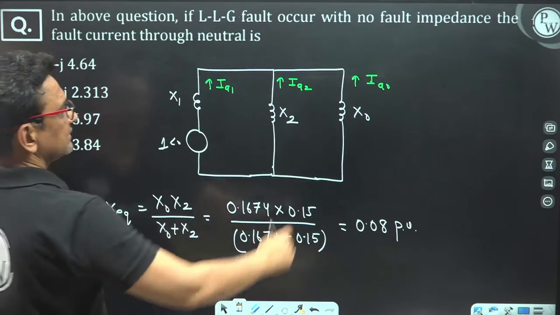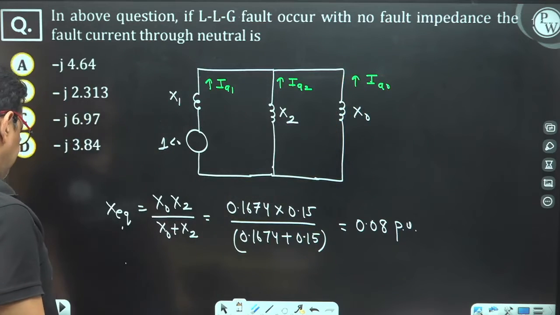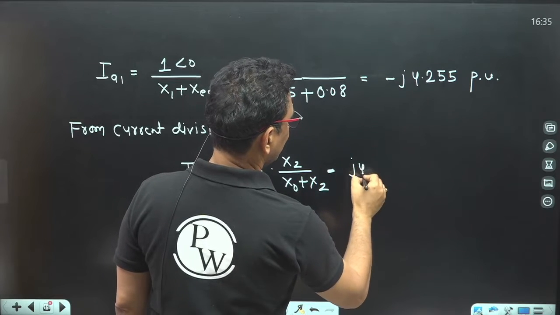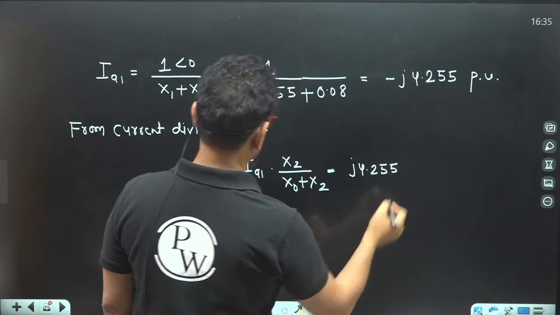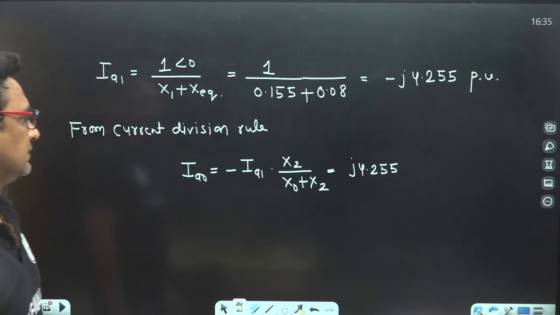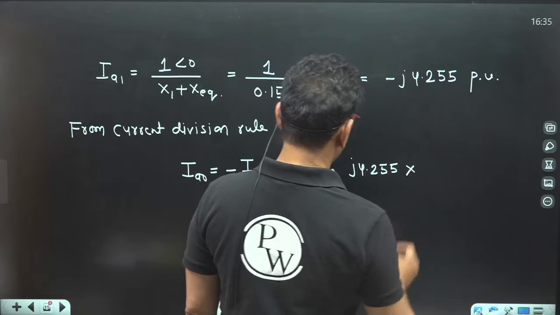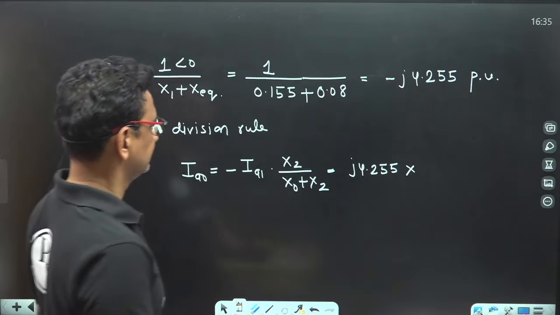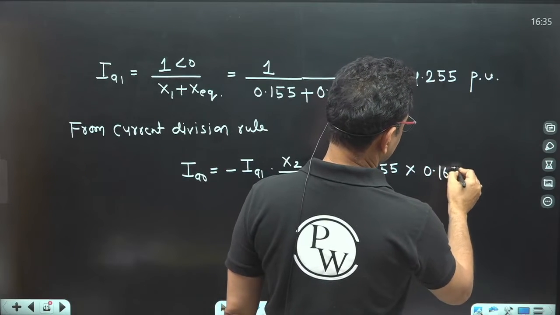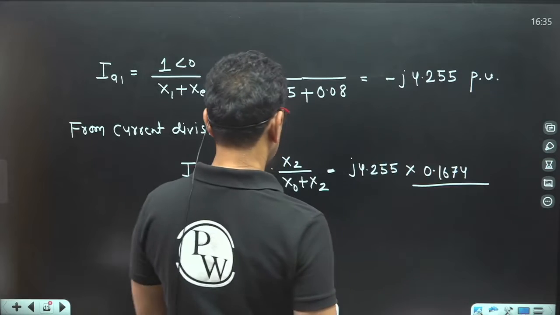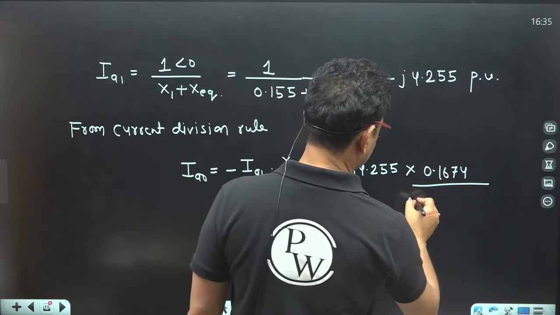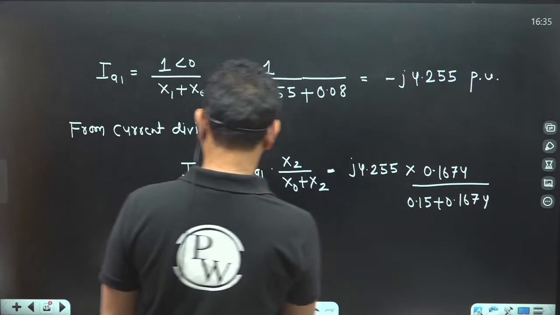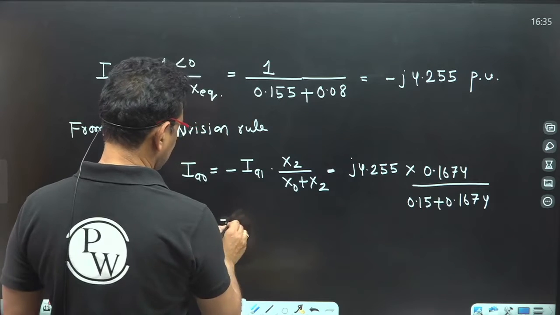This tells how much current is coming out of the X0 branch. So j 4.255 into X2, which is 0.1674, divided by X0, which is 0.15, plus 0.1674. You will get this value of IA0.